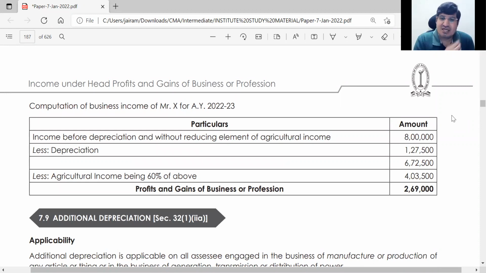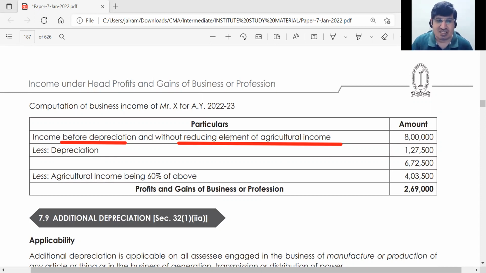8 lakhs is the income they have given, and this income is before depreciation and without deducting agricultural income. Just as we have EBIT, earnings before interest and tax, and EBITDA, you would know, EBITDA, before depreciation and amortization, right?